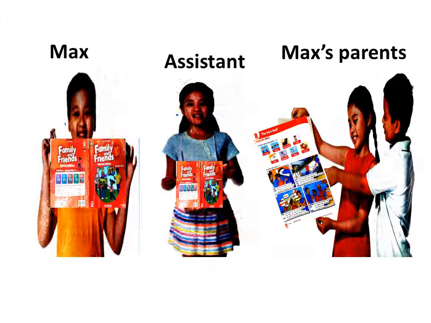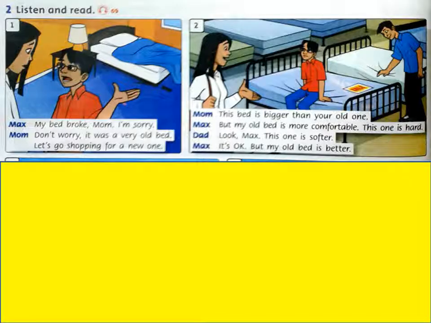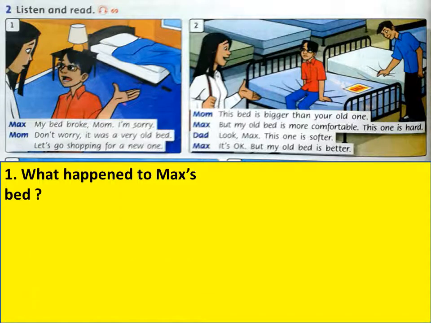Okay, good job. And now let's move on to my questions. Now in this part, I have some questions for you. Look at picture number 1. I have question number 1. What happened to Max's bed? Look at his bed.